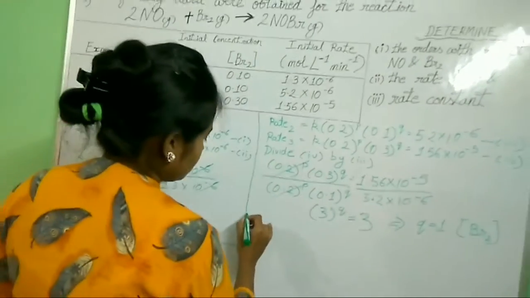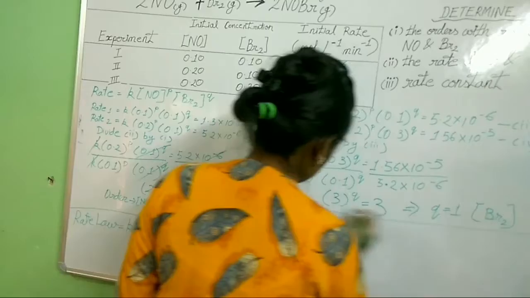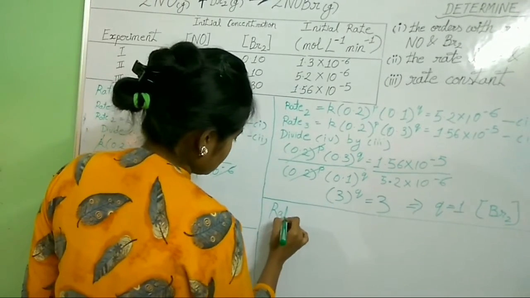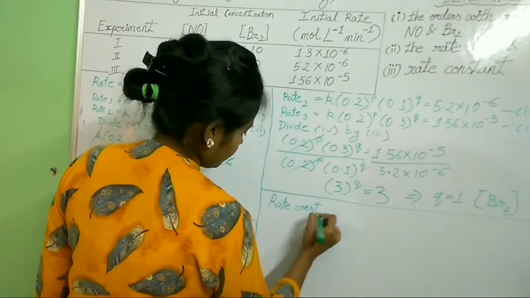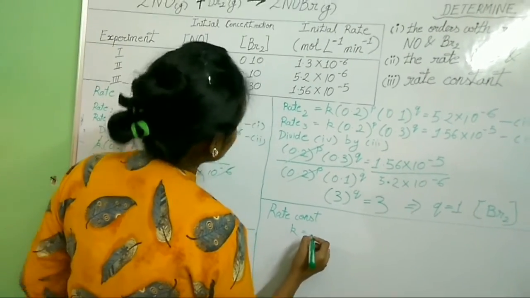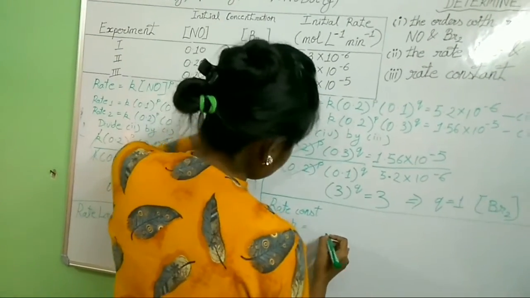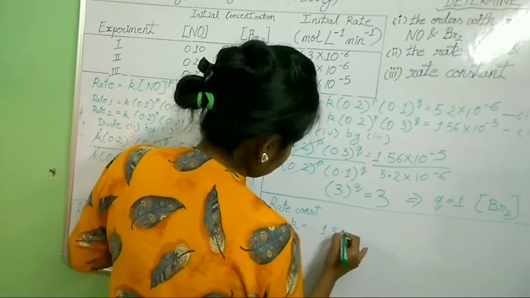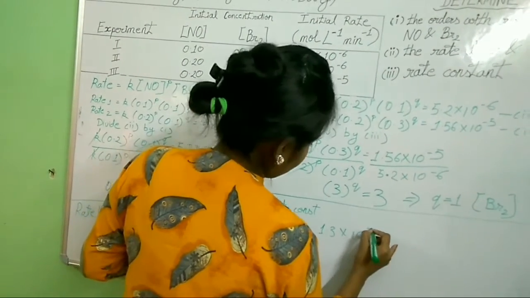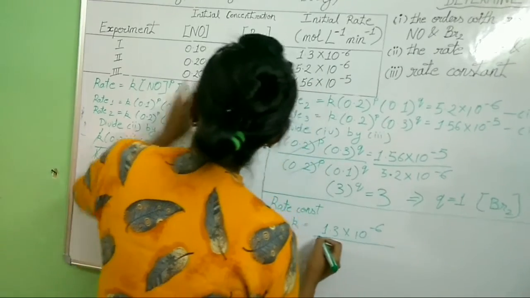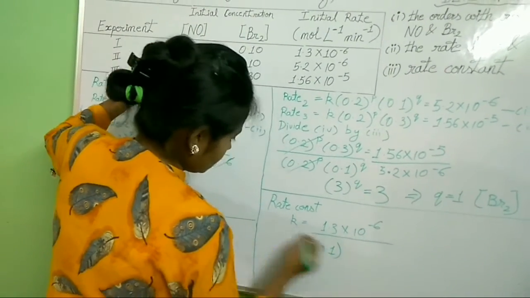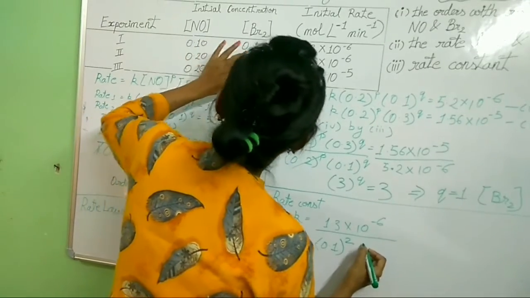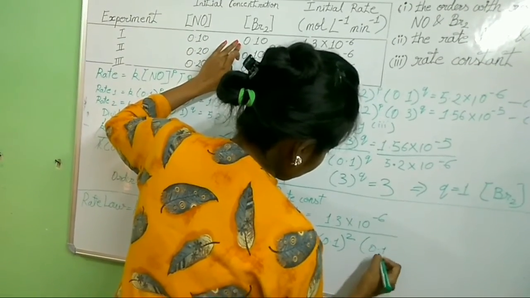Now we have to find out the rate constant, which is denoted by K. So K equal to, let us see the first experiment. What is given? 1.3 into 10 to the power minus 6 divided by the concentration, 0.1. What is the order for NO? We have found out 2. Concentration for bromine is 0.1.